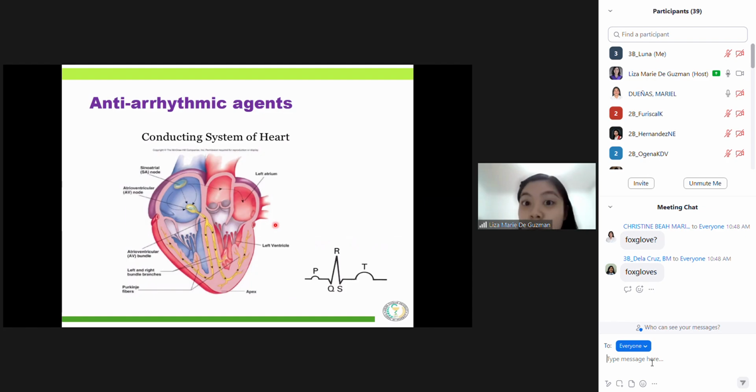So any disturbance in the normal flow of this electrical impulse, affecting the initiation, duration, and propagation, can result in a condition known as arrhythmia. And this is the indication of the anti-arrhythmic agents.